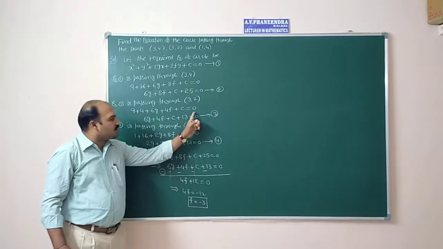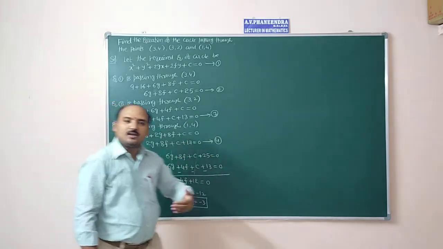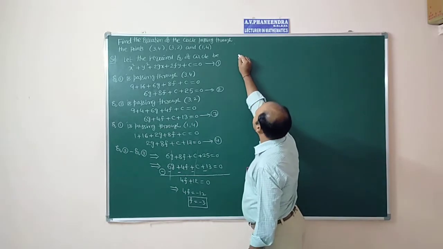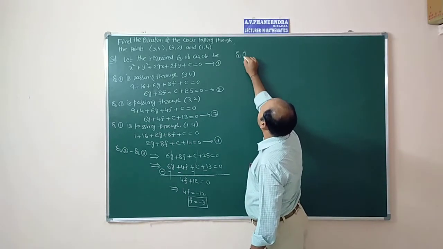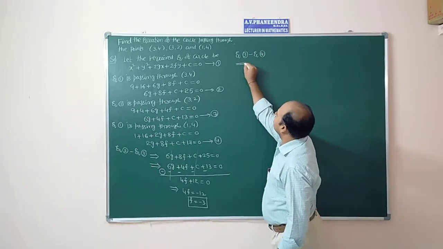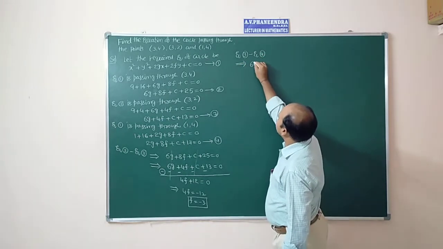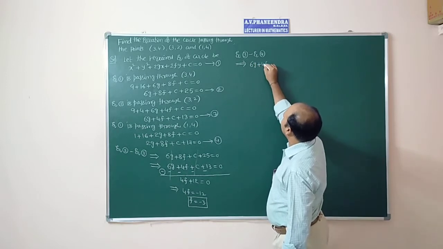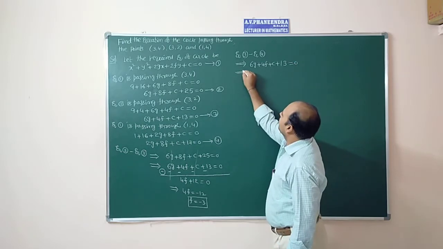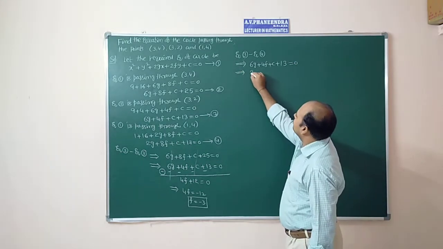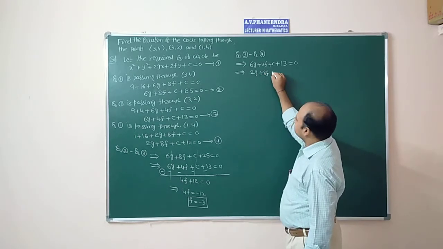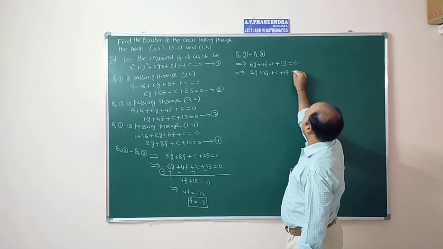After that, equation 3 and equation 4 you have to solve simultaneously. Now, equation 3 minus equation 4. Equation 3 is 6g plus 4f plus c plus 13 equal to 0. Equation 4 is 2g plus 8f plus c plus 17 equal to 0.